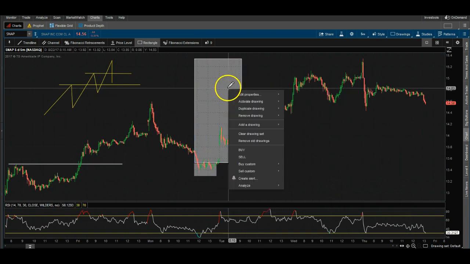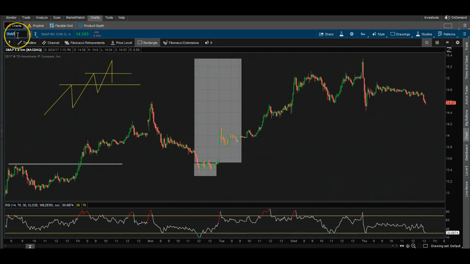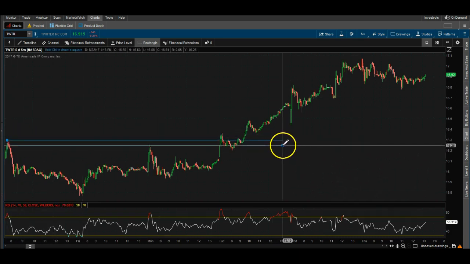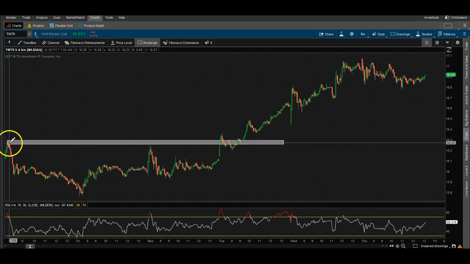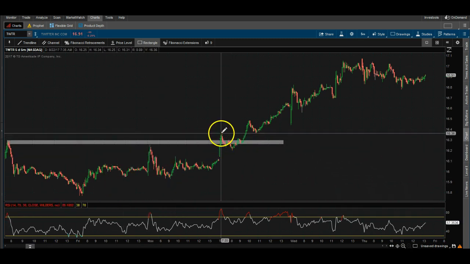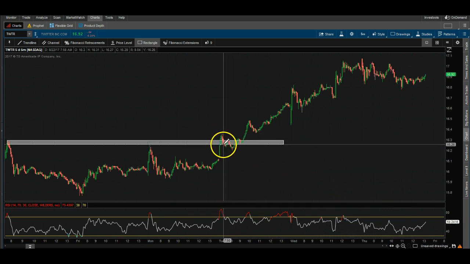Actually, let me show you one more, Twitter. Here's the breakout. Here's another one. As you can see, we rally, pull back, rally, pull back. Here, we break out. Here's the pullback that I was talking about.